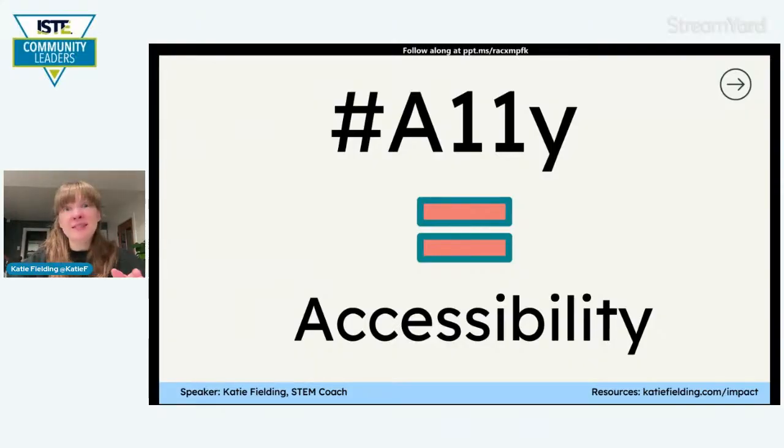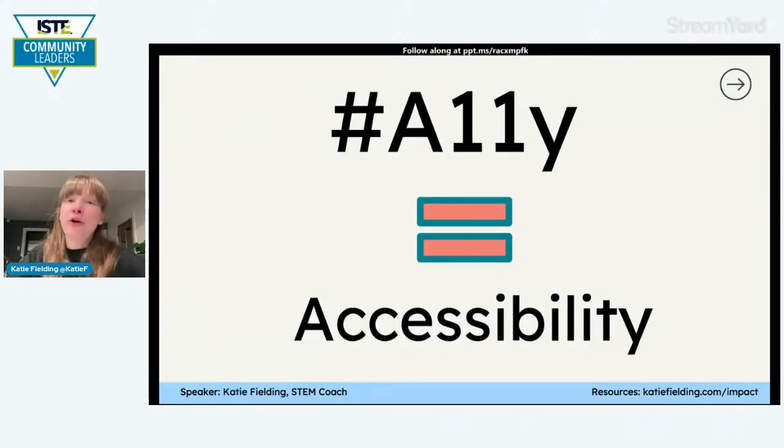So whenever you see this hashtag A11Y, which, if you have vision, looks like the word ally, it is just shorthand for accessibility, and we use it on social media to write accessibility in a short way, as we like to do on social media.